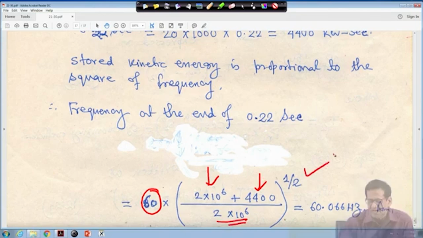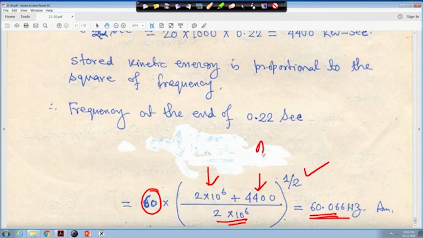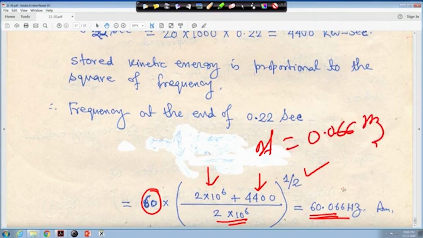That gives 60.066 hertz. Since the 20 megawatt load has been stripped, the frequency increases, which is why it is more than 60 hertz. The deviation is 0.066 hertz.